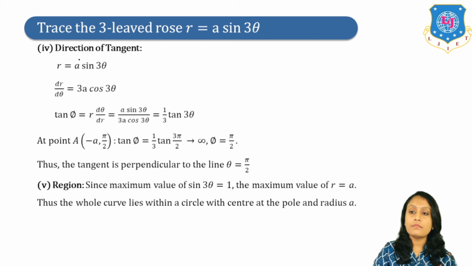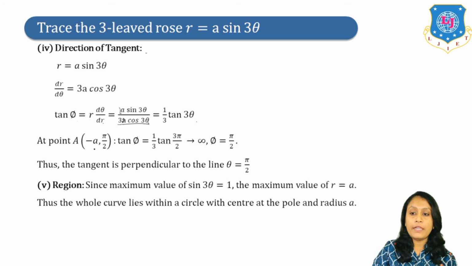Now we will discuss the direction of tangent. The equation is r is equal to a sine 3 theta. First find dr by d theta, that is 3a cos 3 theta. Now the formula is tan phi is equal to r d theta upon dr. So just reverse this: 3a cos 3 theta will come over here, and r is a sine 3 theta we will write over here. a will get cancelled, so what remains is 1 upon 3 tan 3 theta.